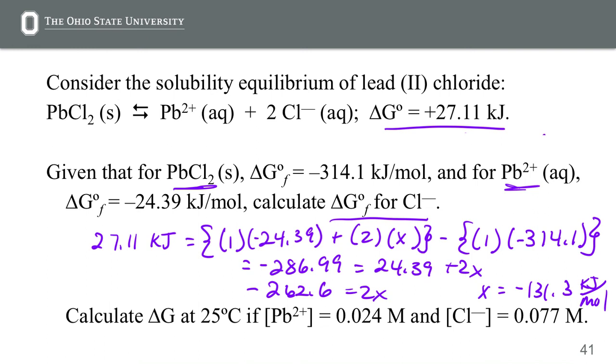We have to add up then the delta G's for, oh my gosh, I'm so sorry, y'all. Okay, so we have our delta G for the reaction. That is given here. We plug in our delta G's for the products, multiplied by their stoichiometric coefficients, and then we're subtracting that of the reactant. We don't know one of the delta G's of formation for the product chloride. And so we're basically just going to do some algebra to solve for that, and I end up with minus 131.3 kilojoules per mole.